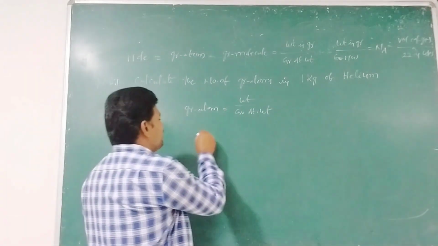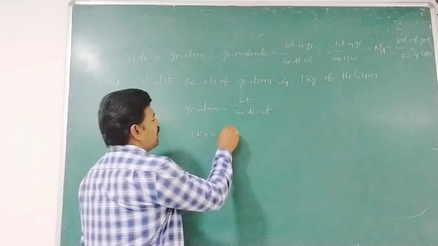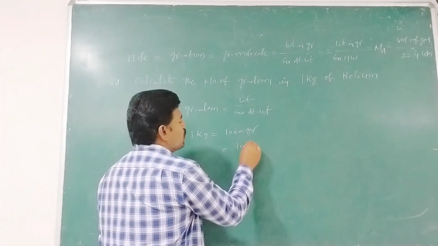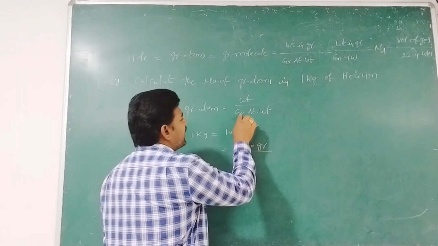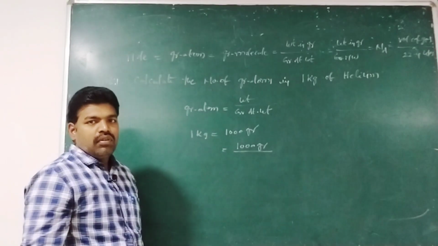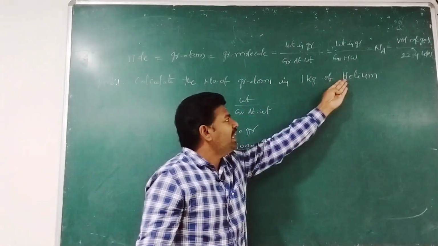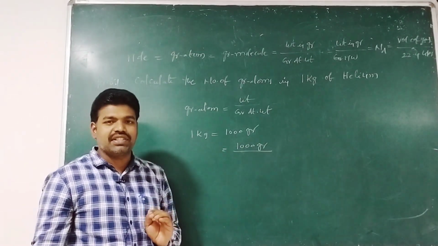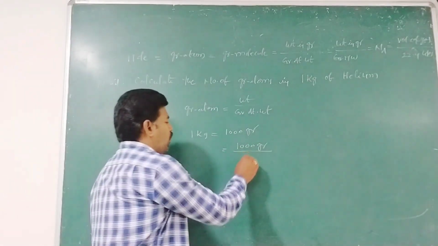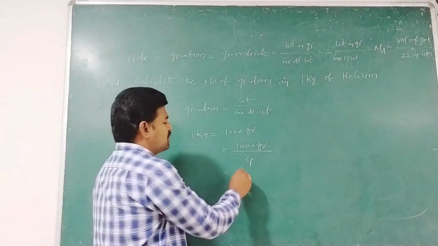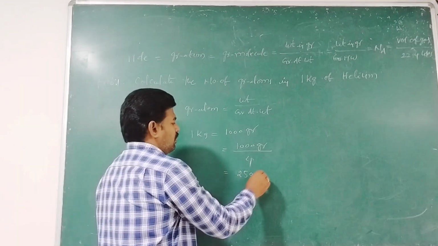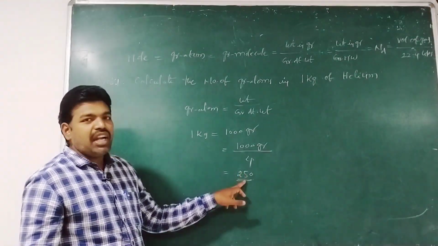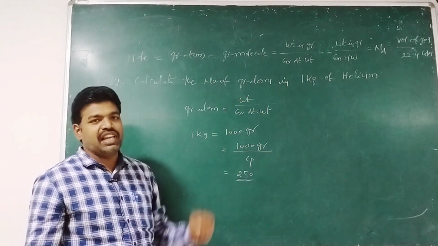So 1 kg means 1000 grams. Therefore, gram atom is equal to 1000 grams by gram atomic weight. The gram atomic weight of helium is 4. Therefore, 1000 by 4 gives 250. Therefore, 250 gram atoms are there in 1 kg of helium atom.